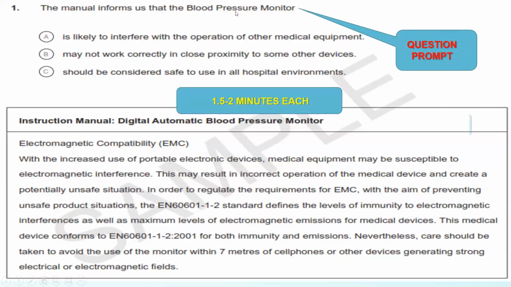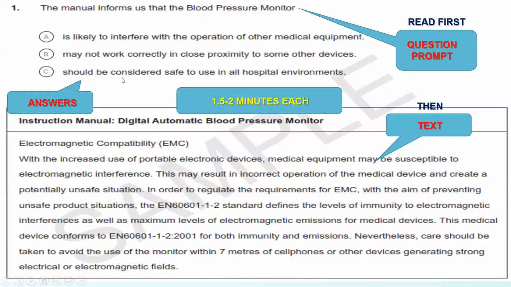So this is the question prompt, this is the text, and lastly, here we have the answers. So firstly, read the question prompt, then read the text, then detect the correct answer within 2 minutes at maximum.